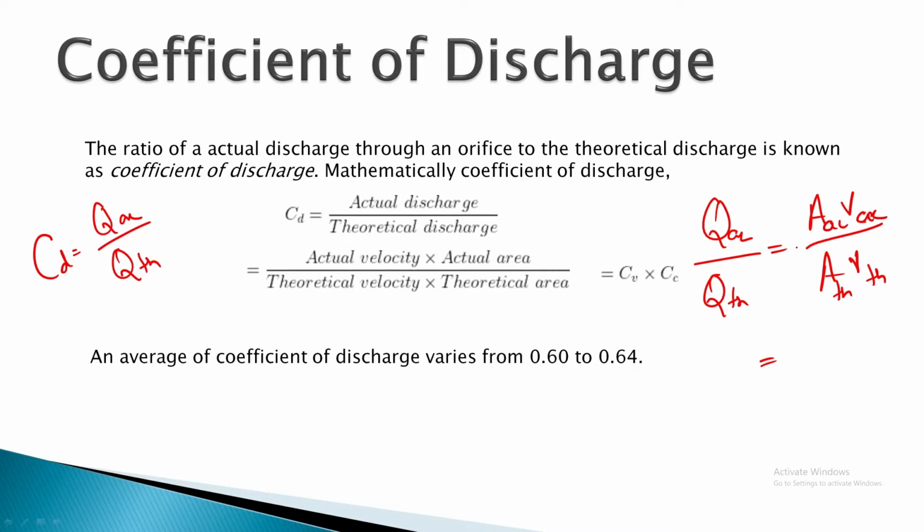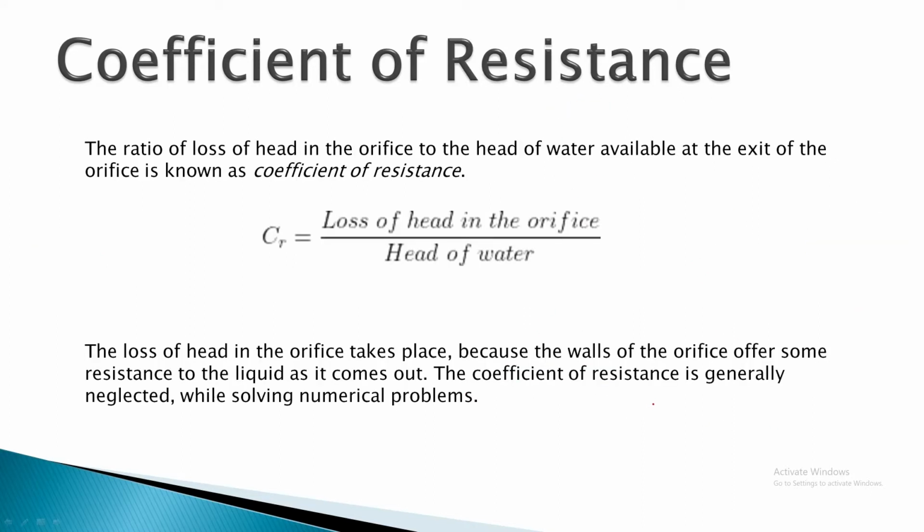We have already determined that the actual area by the theoretical area is Cc, and the actual velocity by the theoretical velocity is Cv. So Cd equals Cc times Cv. The value of this Cd, the coefficient of discharge, lies between 0.6 and 0.64. In this way we can determine the coefficient of discharge.